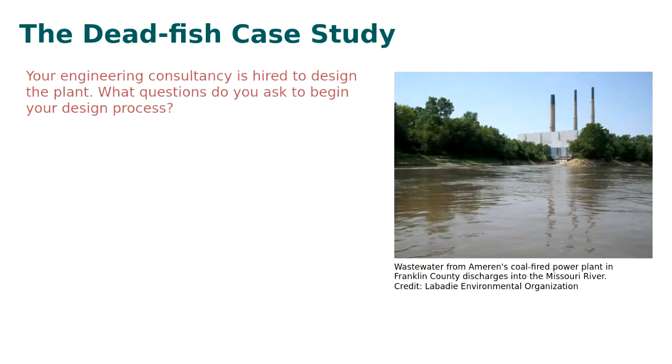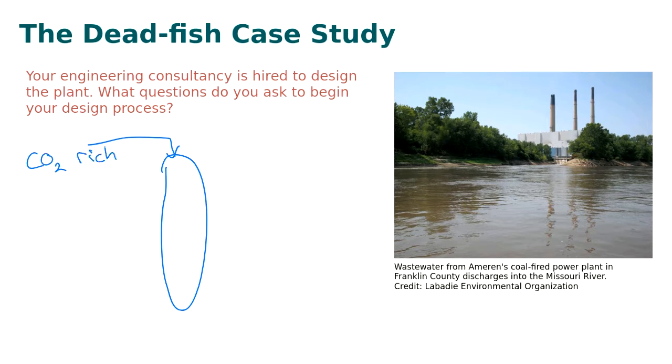Well, if you're like me, probably the first thing I would think about doing is looking at that stripper and seeing what's going on there. So we're going to have a CO2-rich stream of wastewater entering from the absorption column, and leaving is the CO2-lean water.